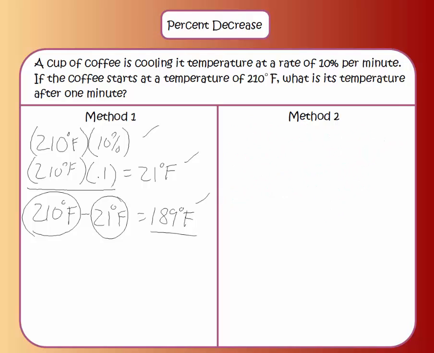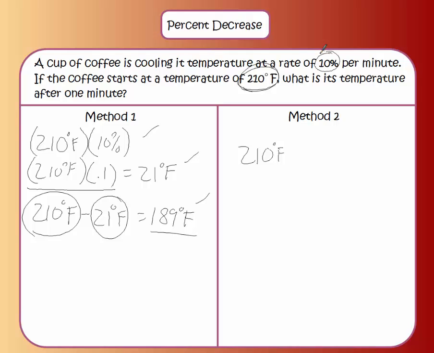All right, so the first thing we want to do is look at what is the starting value. Here you go, 210 degrees Fahrenheit. That's going to be important. Then we want to figure out if it's cooling at a rate of 10% per minute, how much of it's still going to be hot?